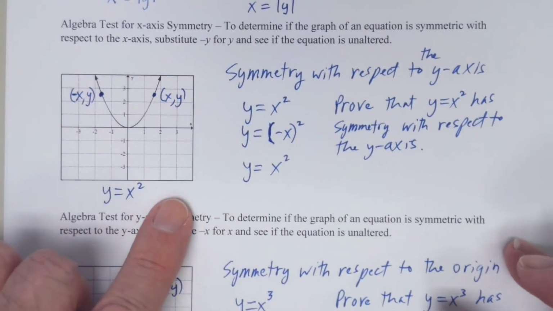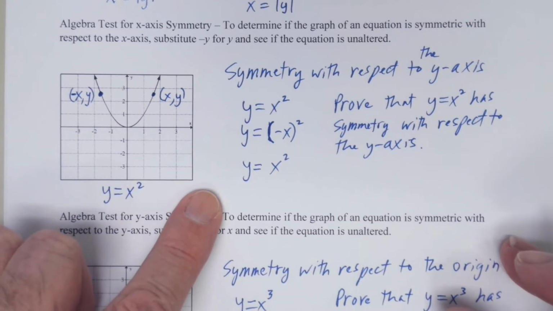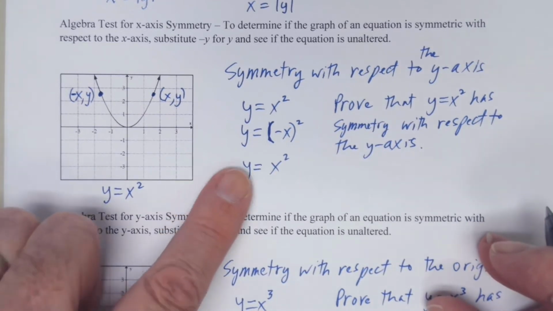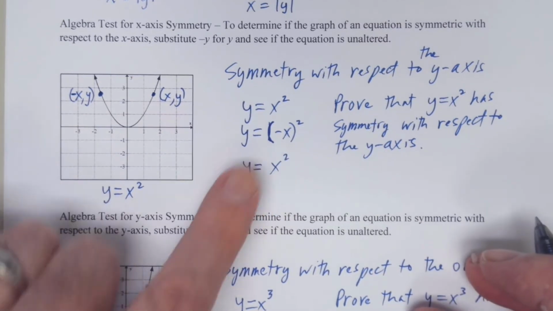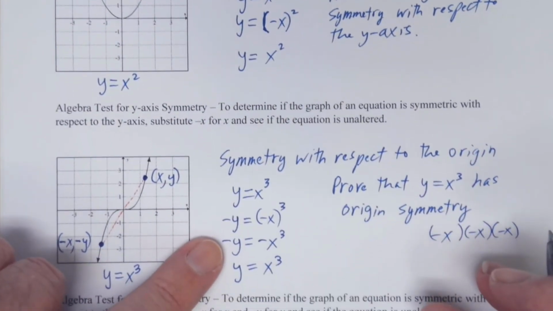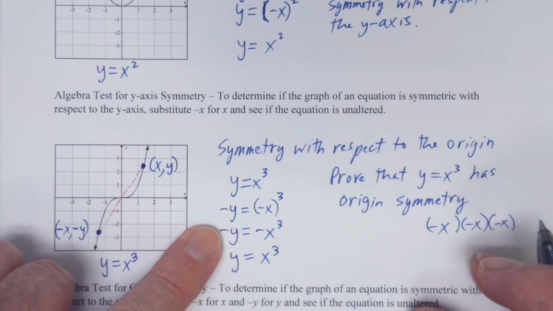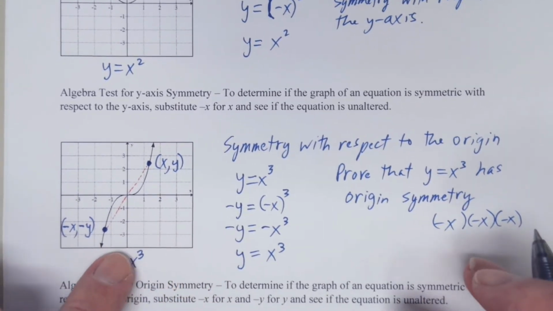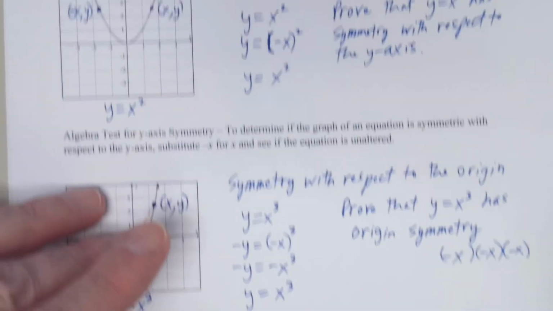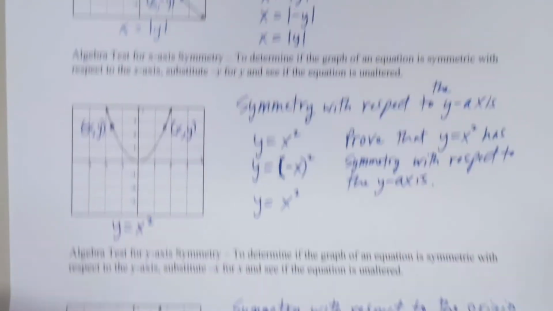Same thing here, to prove that we have y-axis symmetry, we replaced x with minus x. And finally, for origin symmetry, we replaced both. All right, let's go ahead and move on to do some more examples.